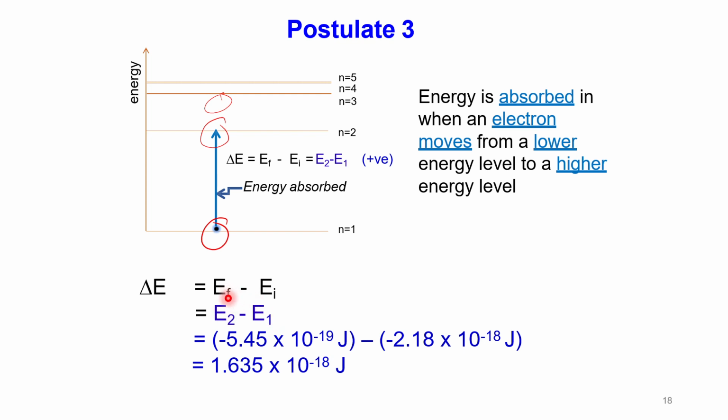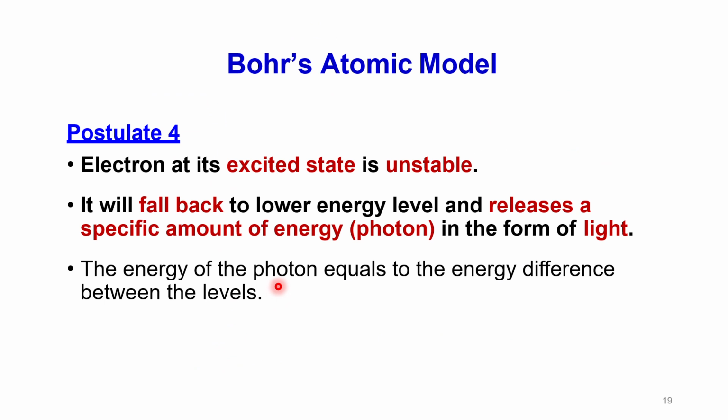So E final is second energy level. So we can calculate the difference between energy level sebanyak ni, 1.6 exponent negative 18 joule. Okay, sama juga kalau dia excite daripada 1 to 3, 1 to 4 and so on. So we can calculate the difference of energy.